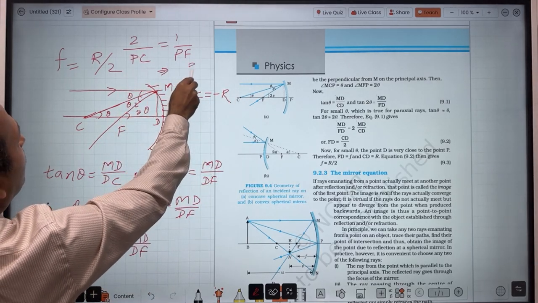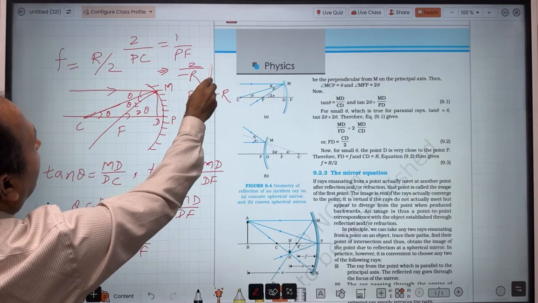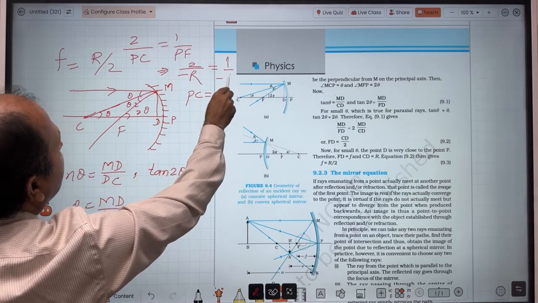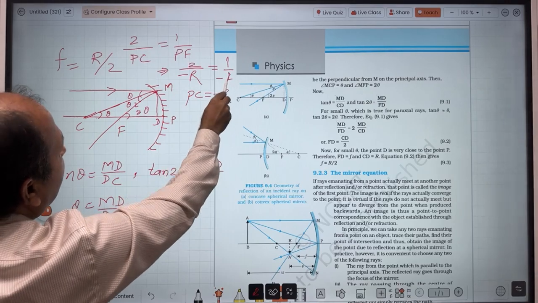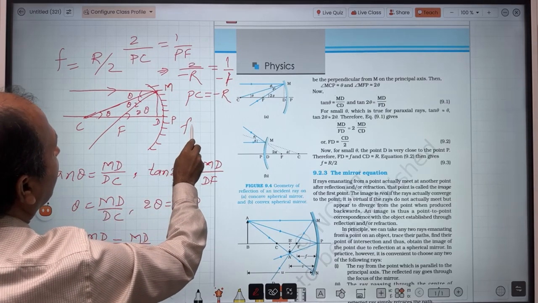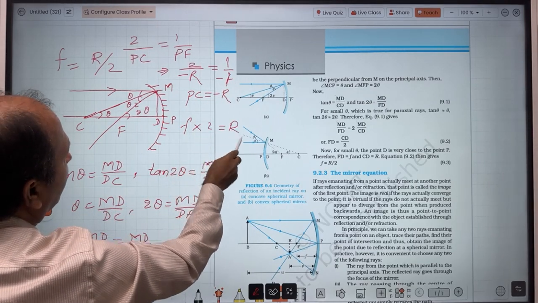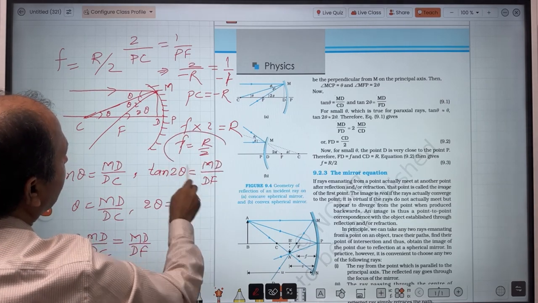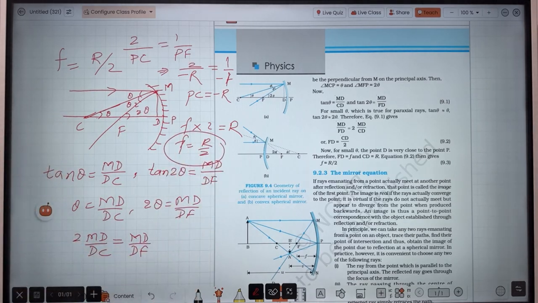So here we write 2 divided by minus R equal to 1 upon minus F. We can cross multiply. So F into 2 equal to R, or F equal to R by 2. So this is the required result.